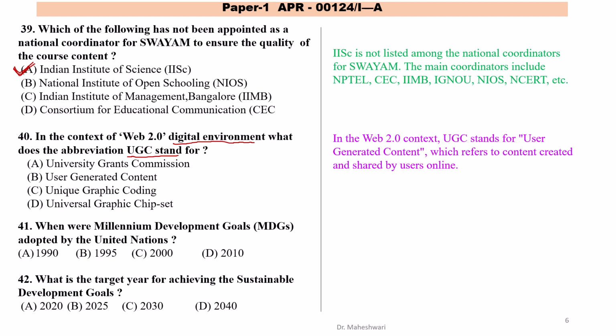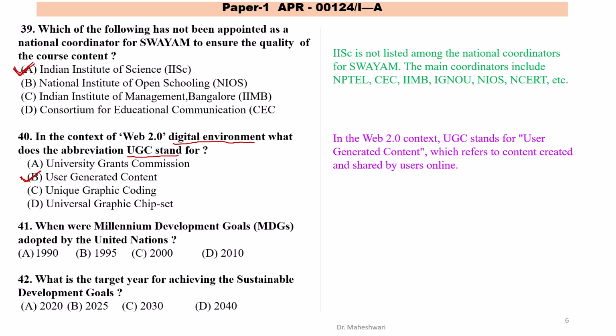So here you will find that it is User Generated Content, that is option B. So without reading the question, don't mark the answers. You should read the question carefully. As we are studying in higher education, we know that UGC is University Grants Commission, and without reading, if you take it as University Grants Commission, it will be wrong. So read the question carefully and then try to answer.